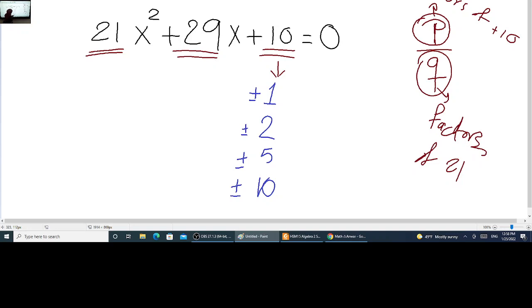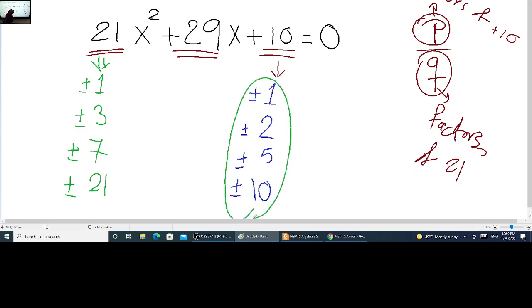And the factors of 21 are plus minus 1, plus minus 3, plus minus 7, plus minus 21. So these are the possible values of p, and these are the possible values of q.